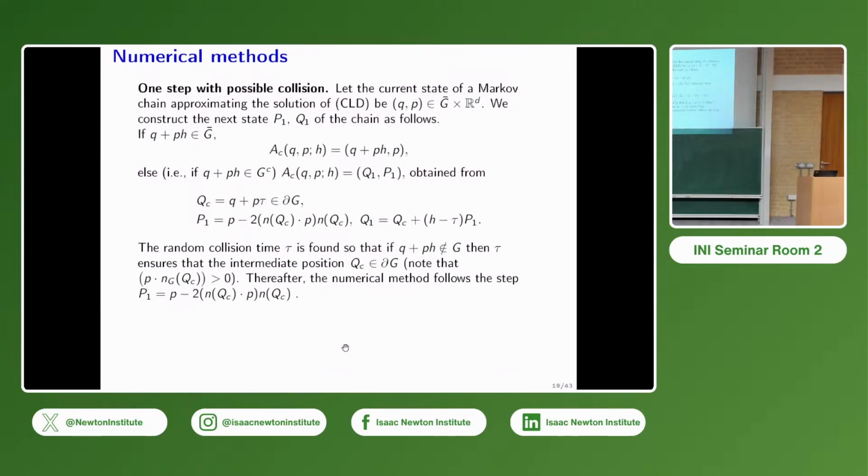Now, if I'm in the situation that Q is somewhere here and the velocity or momentum is forcing me out, so this will be Q plus HP, then I need to do something about it. So we find the intersection, which we denote as QC.